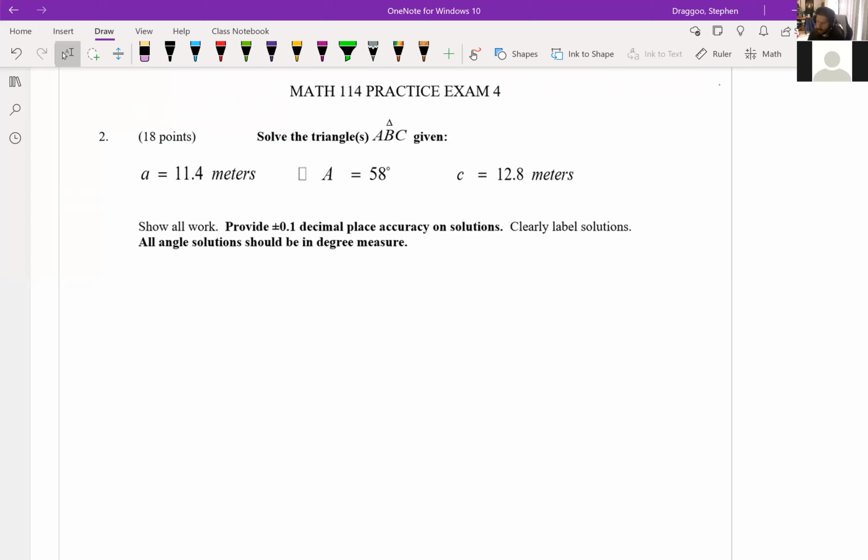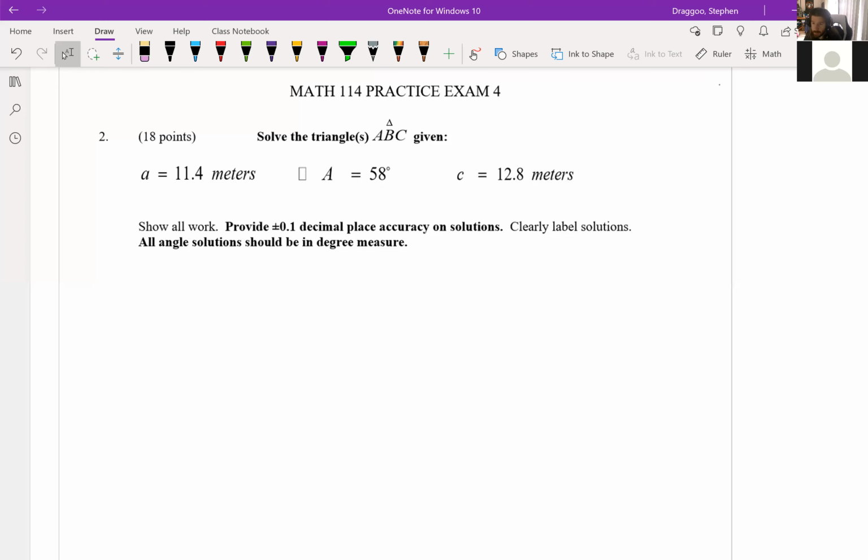I'll recall that there are 2 different types of triangles we could have if we're given 2 sides. In the case where a letter is repeated, like this one, because letter A is repeated in the given information, we will have to check for 2 triangles, and we're going to start with the law of sines.